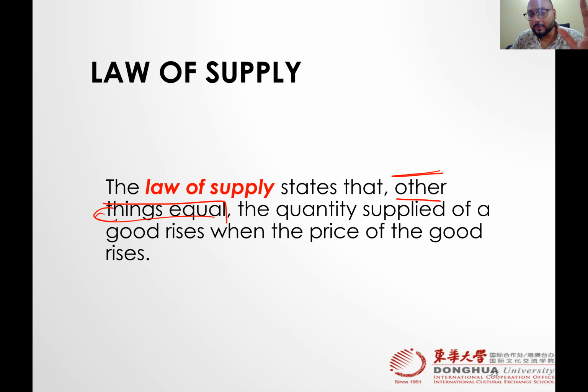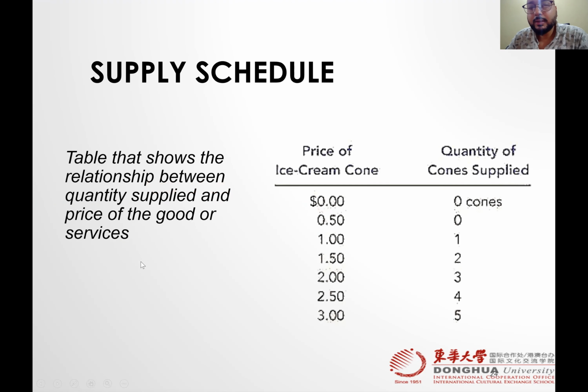So that's why, other things equal, a producer or seller wants to sell more goods if the price is higher. Simple. So the law of supply says that if the price is high, the quantity supplied is also high. And what is a supply schedule?